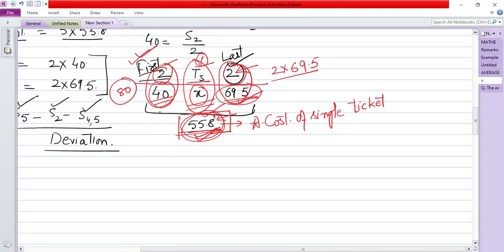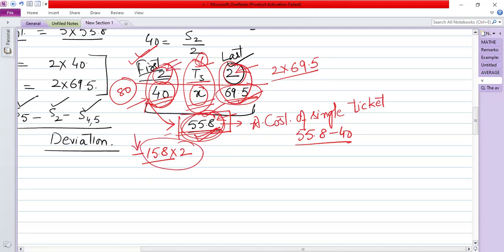Now, if we see carefully, the deviation of this 40 from 55.8 is 15.8, means 55.8 minus 40. This difference is for two friends. The first two friends are falling short of this much money, that's why I have put a negative sign.